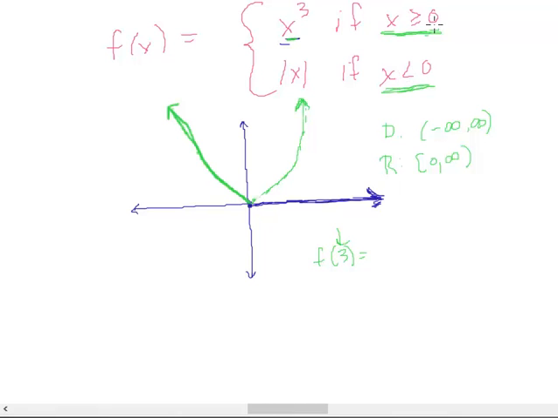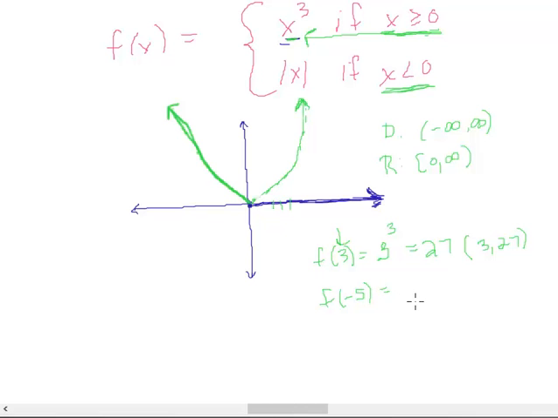Since 3 is larger than or equal to 0, then when I go to plug in to find my value, I have to use x cubed. So f of 3 will be 3 cubed, or 27, which tells me that the point (3, 27) would be on the graph of this piecewise function, which makes sense, because if I go to 3, and then 27 would be somewhere up here.